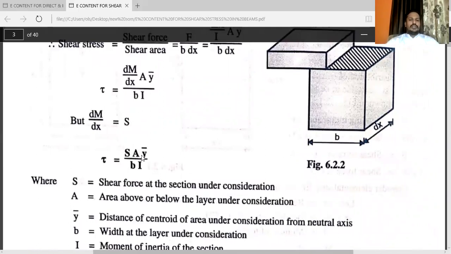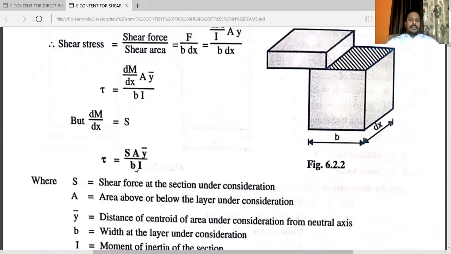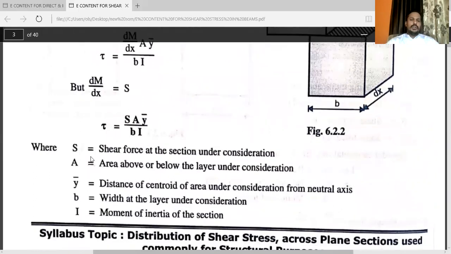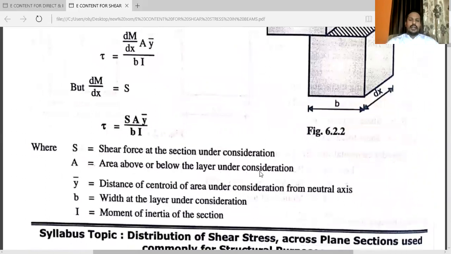This formula is very important. Tau is equal to S into A into y bar upon b into I. Here S is the shear force at the section under consideration. A is the area above or below the layer under consideration. Y bar is the distance of the centroid of the area under consideration from the neutral axis. B is the width at the layer under consideration, and I is the moment of inertia of the section.